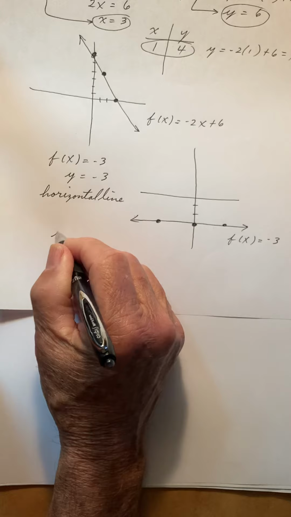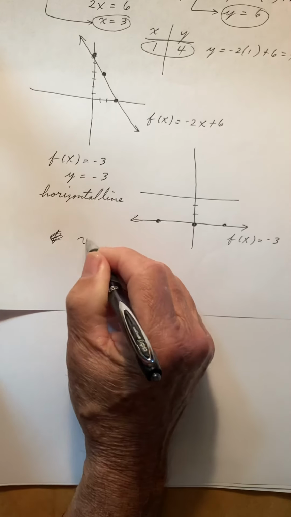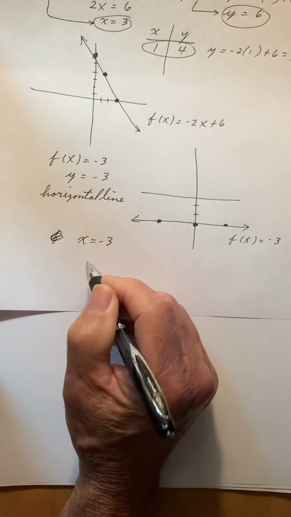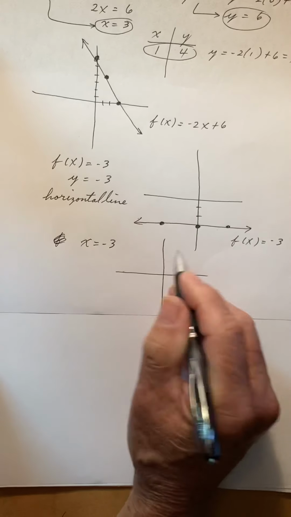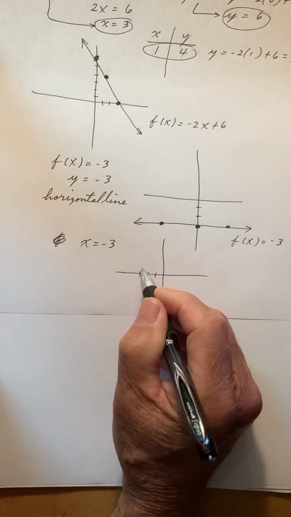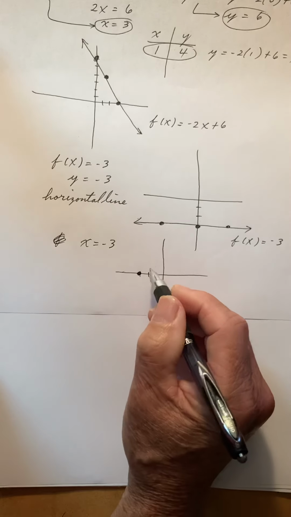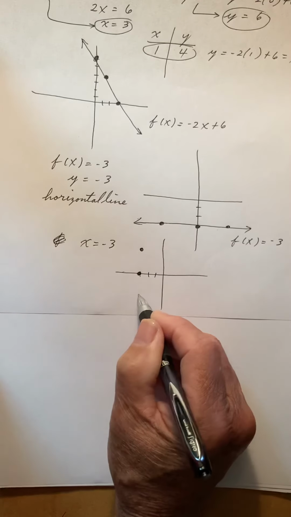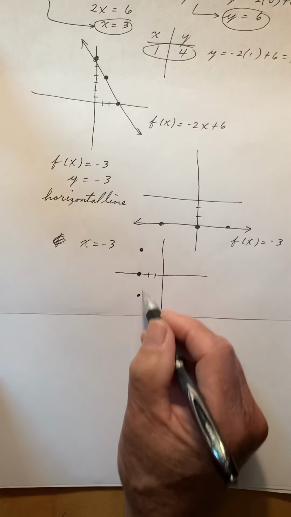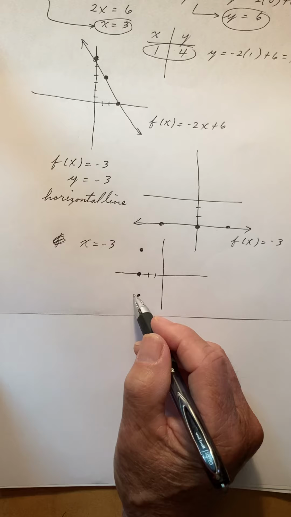We also have one where we have to graph x equals negative 3. So again, we make a graph. We count off negative 3, make that point, and there's a point here, there's a point down here, and there's points everywhere along there where x is negative 3.